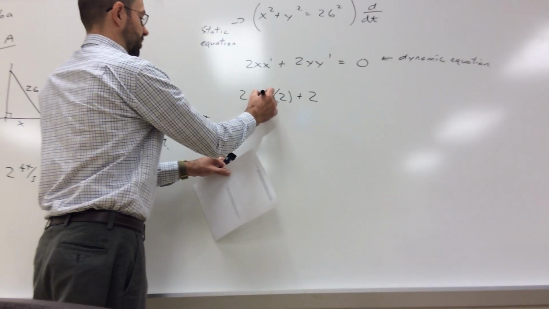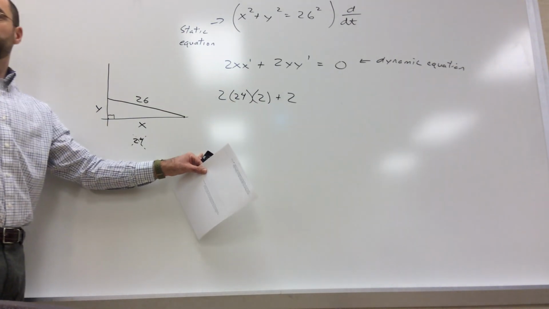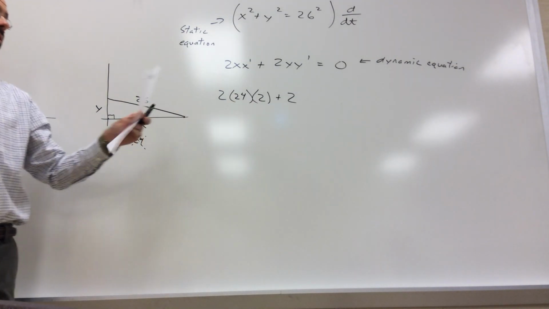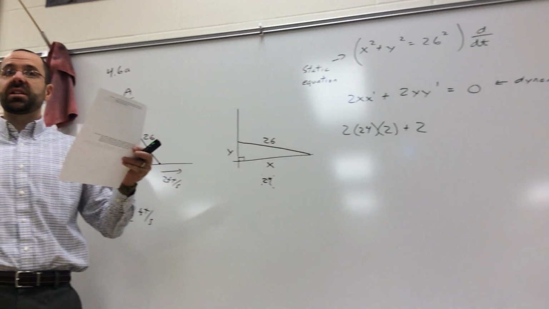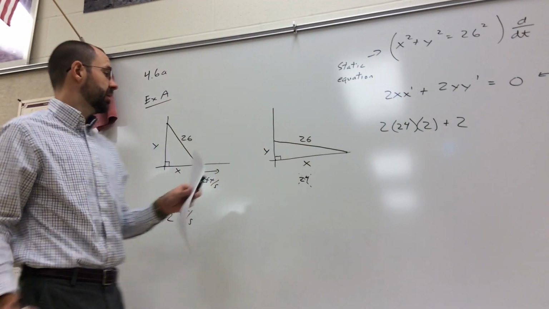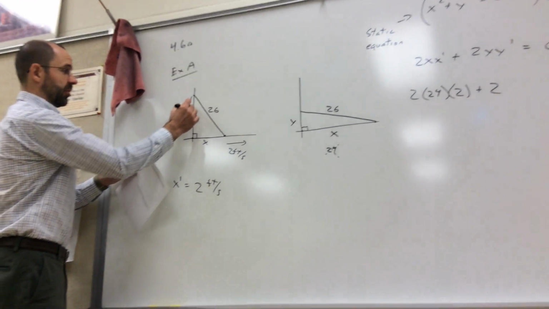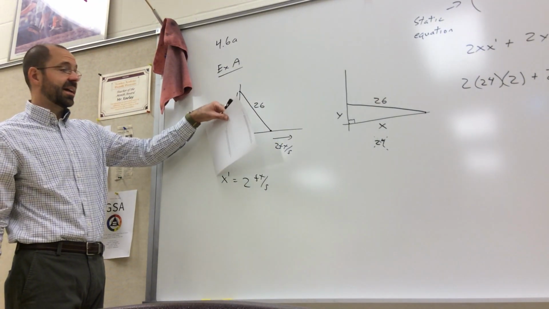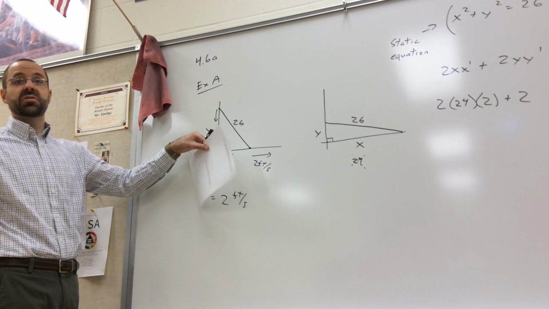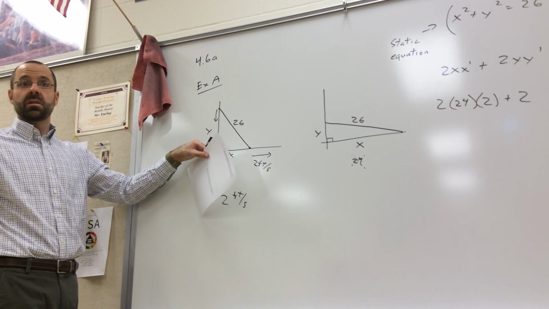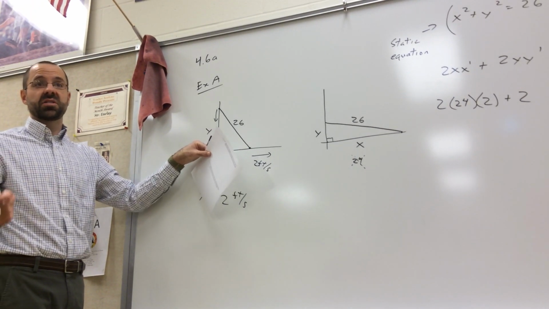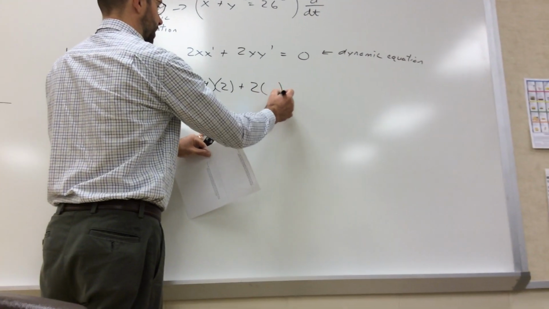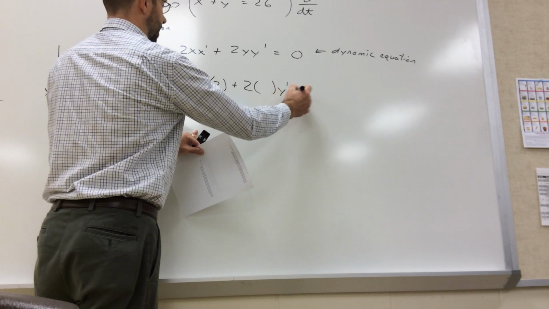So that's what goes there. The question's saying, what's the velocity of the top of the ladder? So the top of the ladder is moving down here, right? So the velocity of the ladder is making y smaller. So the y prime is what the question's asking for. So I'm not sure what y is yet, but I know y prime is what I'm trying to find.